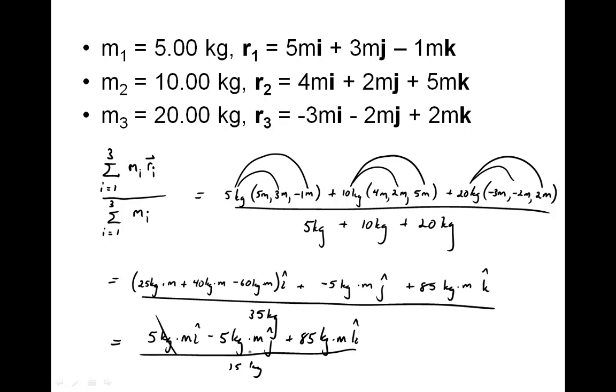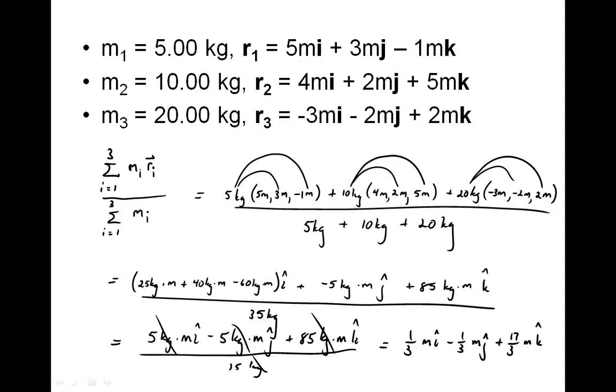And so you see the kilograms going away, which is good because this is a position. And so I'm going to get 1/3 of a meter i hat minus 1/3 of a meter j hat plus 17/3 of a meter k hat.